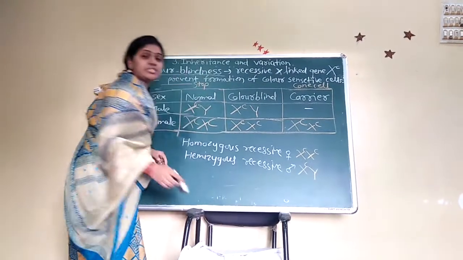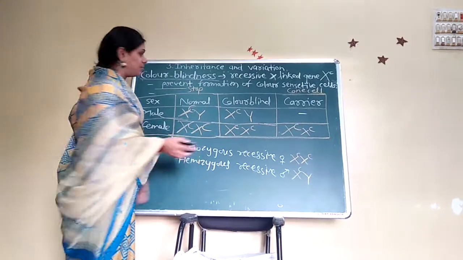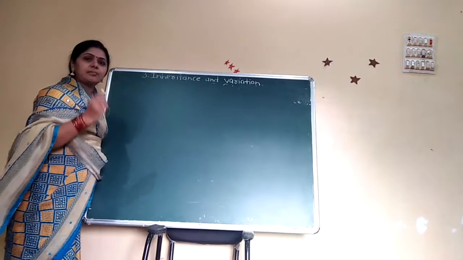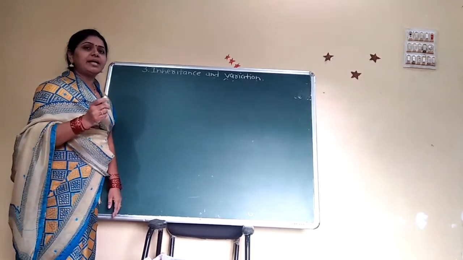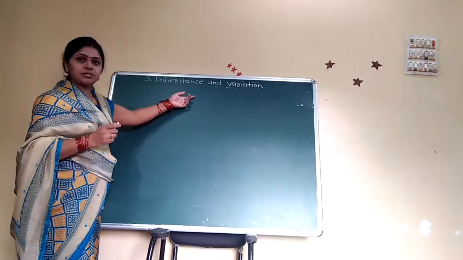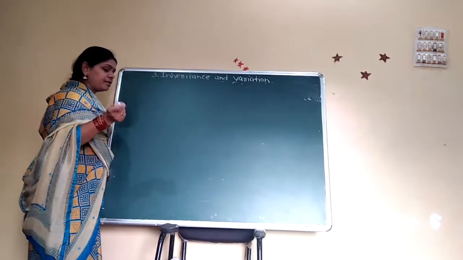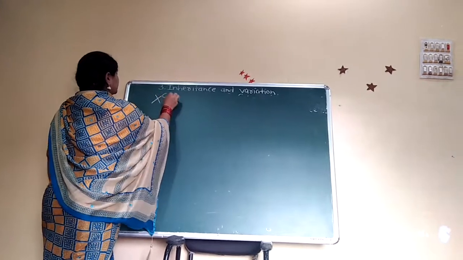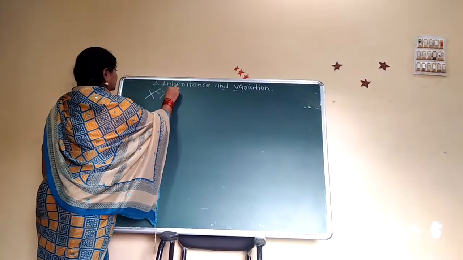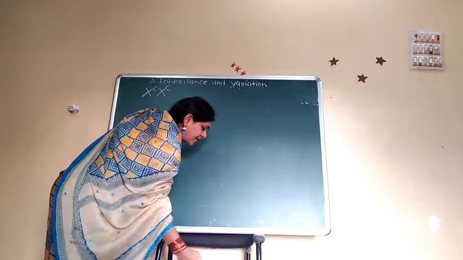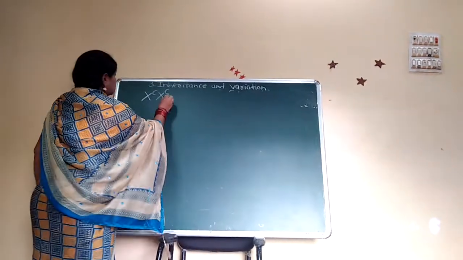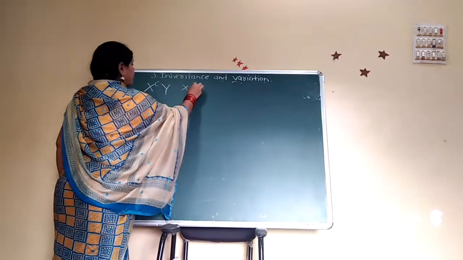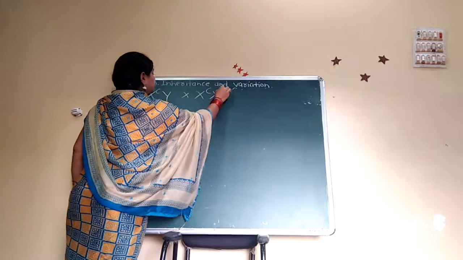Then we see the crisscross condition, or an example of color blindness. In one example, a color blind female is married with a normal vision male. Also, a colorblind male married with a normal female.